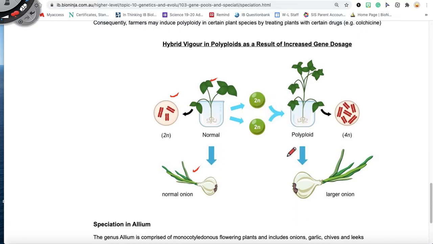But if you get a polyploid plant, so you're inducing this plant to become polyploid, meaning that you take 2 diploid gametes and you fertilize them to get a tetraploid here, then this plant is going to be a polyploid. This plant is going to be a tetraploid. So this plant is going to be much larger than the normal onion. This is, again, what we refer to as hybrid vigor in polyploids.